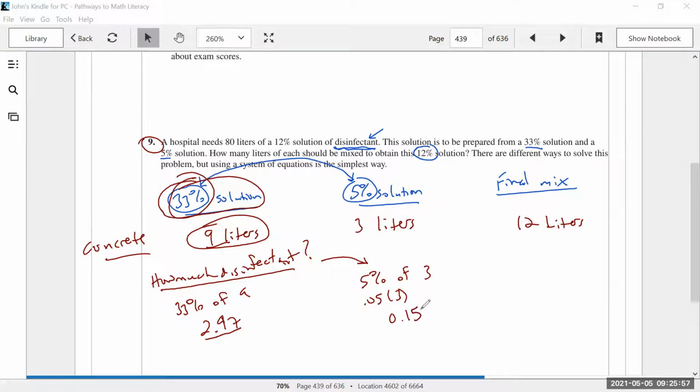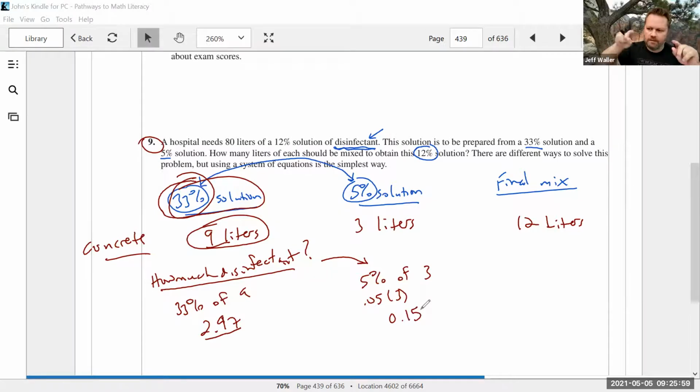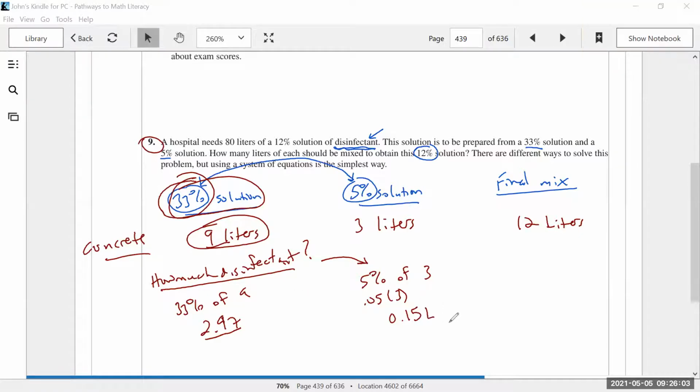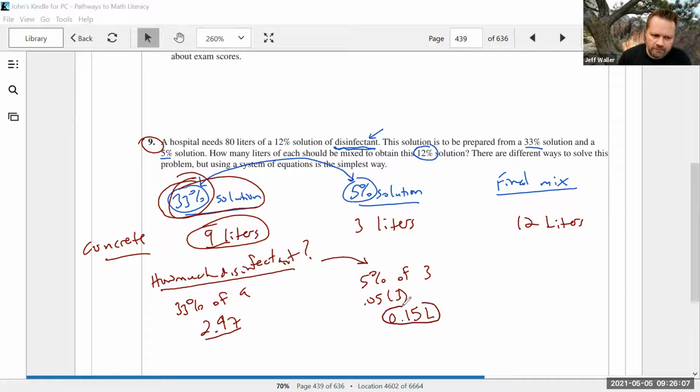Yeah. Apologies. Because we know 5 times 3 is 15. So that's 0.15 liters. If 0.15 liters of the 3 liters is disinfectant, that means 5% of it is disinfectant. That's what a 5% solution means.